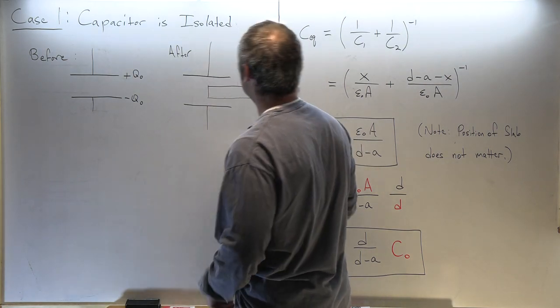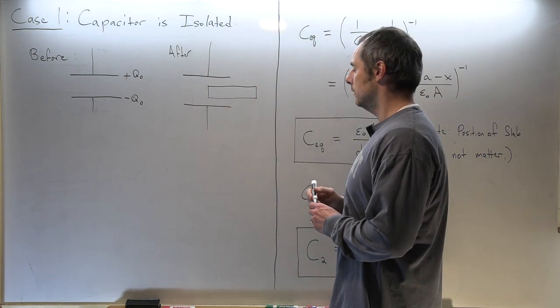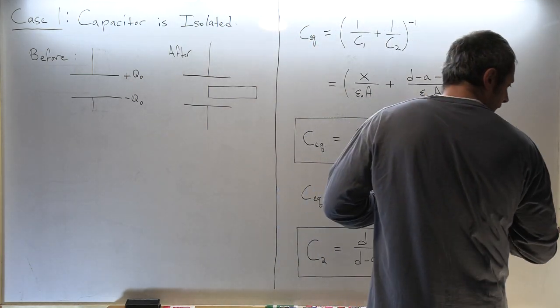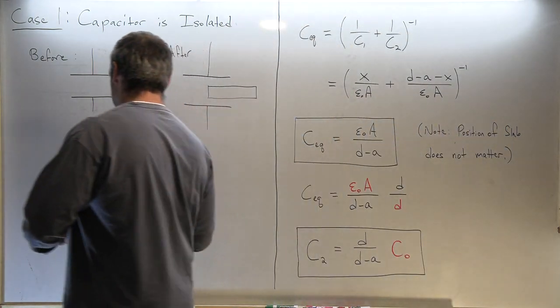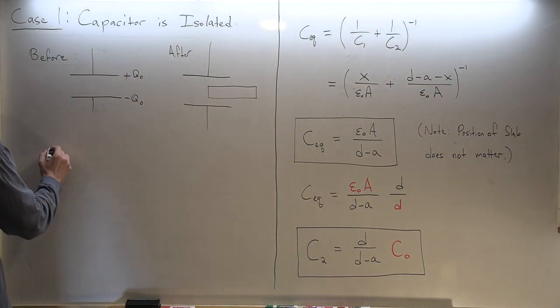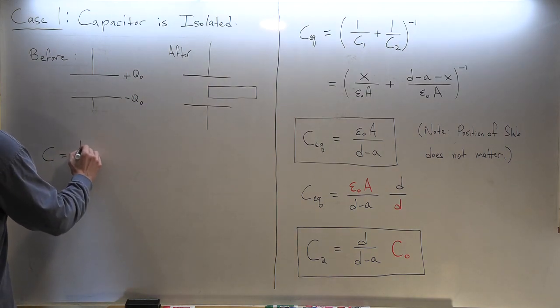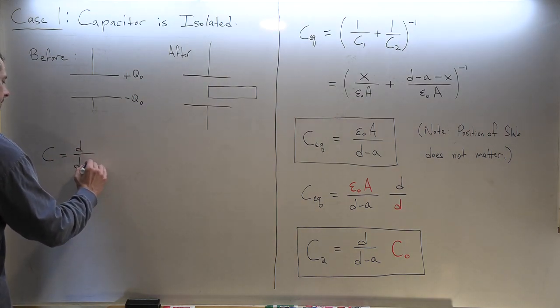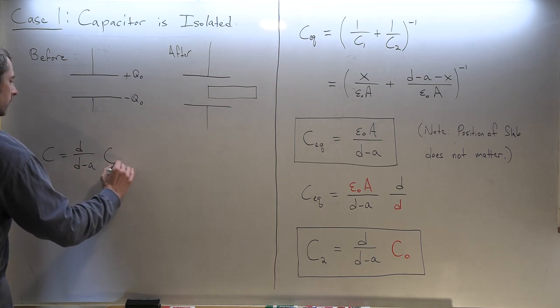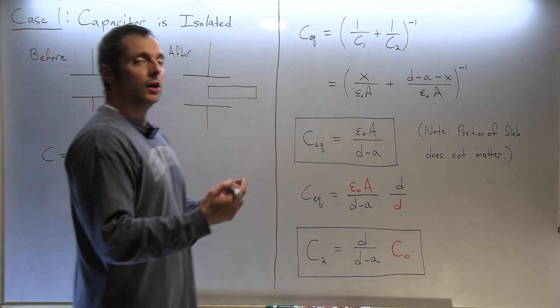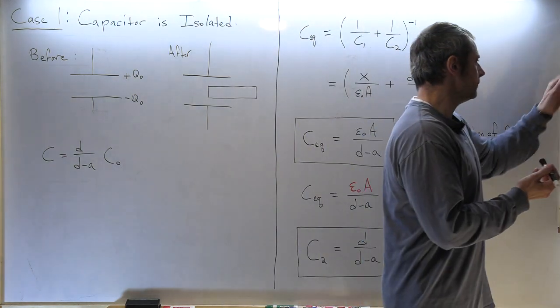Of course, we're inserting it in there. So the first thing that we know is that the capacitance has increased by that factor. We already derived that. So capacitance goes up.